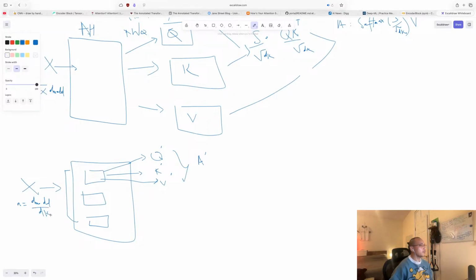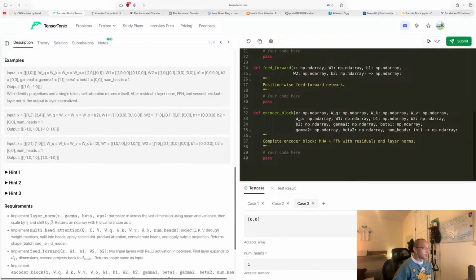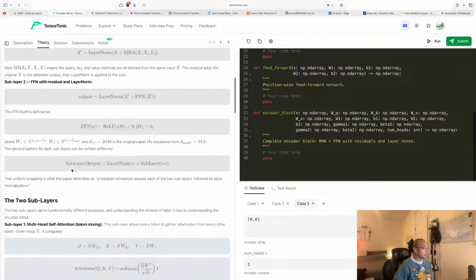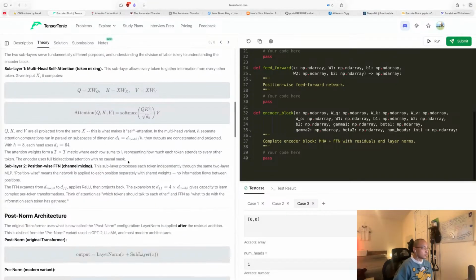Is that, if I remember correctly? Let's see. dk equals d model divided by number of heads. So number of heads equals d model divided by dk, which sounds right.